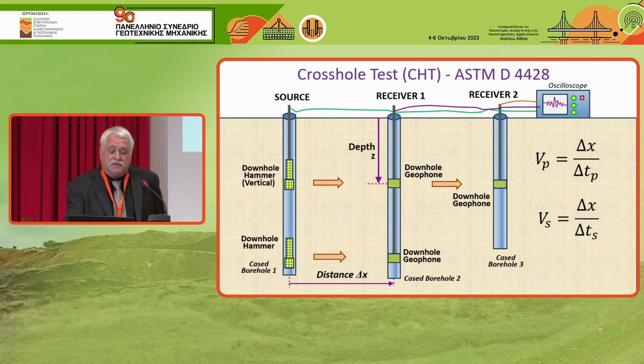It's very expensive, but we would use the interval between receiver 1 and receiver 2 to measure the travel times. The first borehole is used as a source hole. And then we have an optional method where we just use 2 boreholes. In that case, it's a direct arrival. In either case, you can determine P-wave velocity and S-wave velocity with depth.